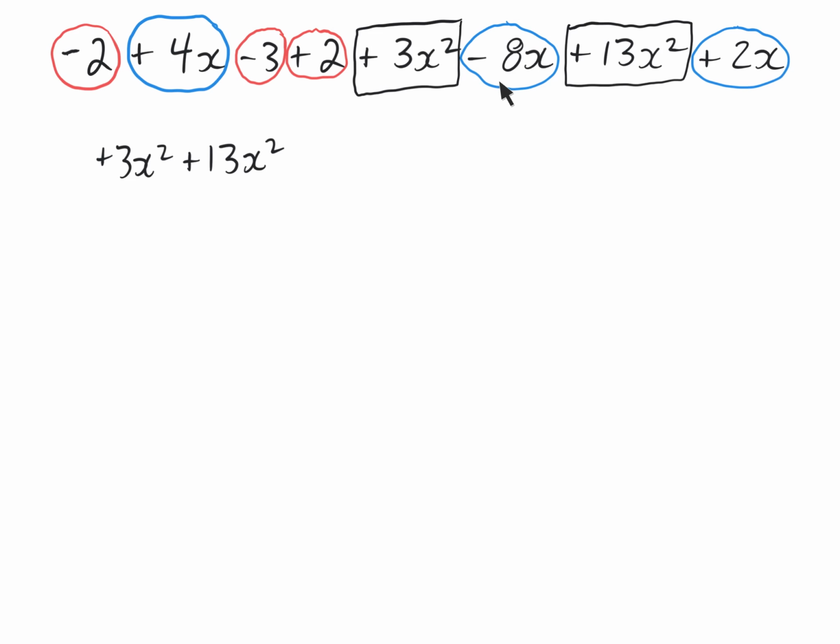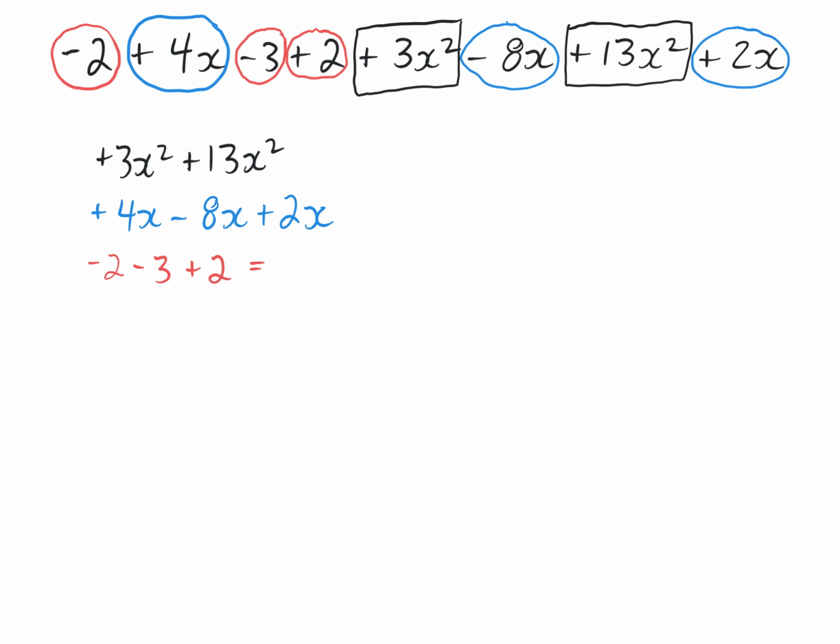So this one, and this one. So I'm going to have positive 4x minus 8x plus 2x. Last ones, the red ones, negative 2 minus 3 plus 2.